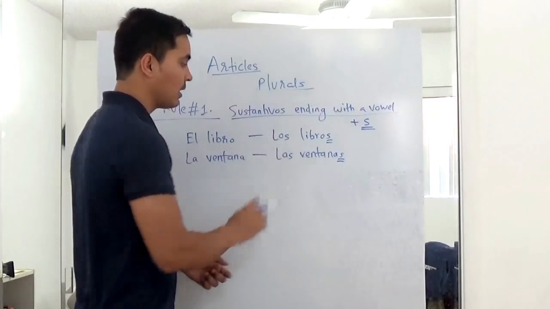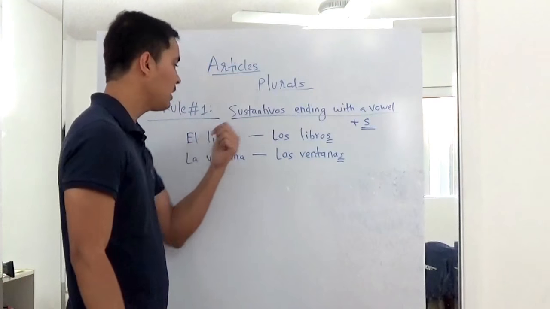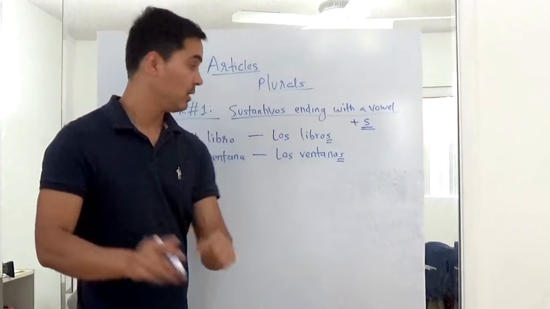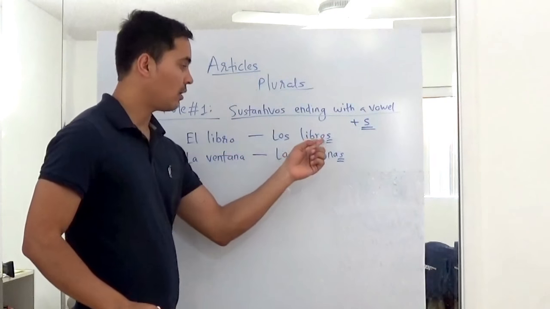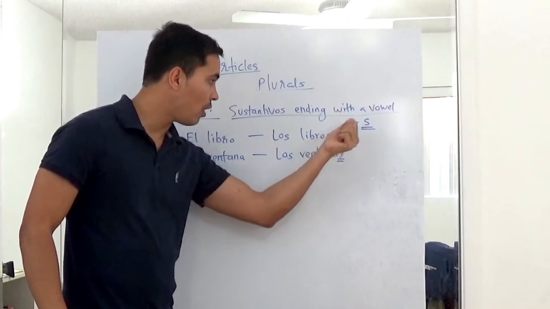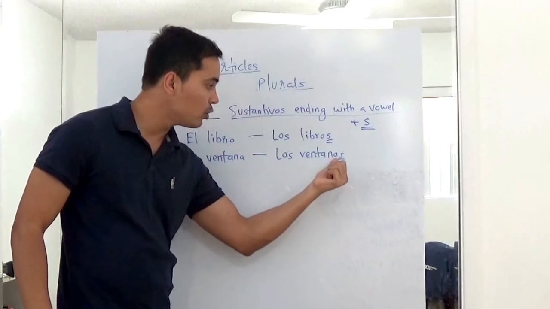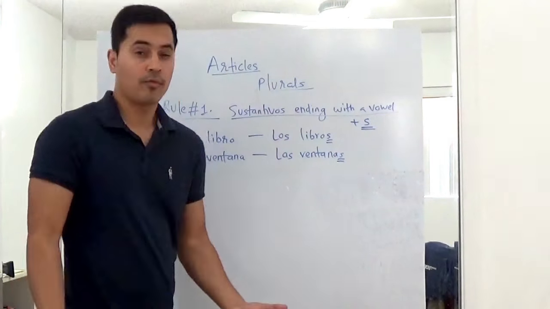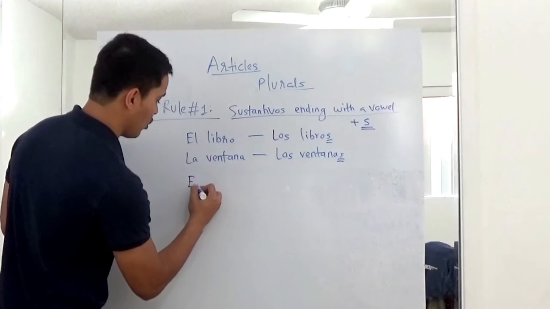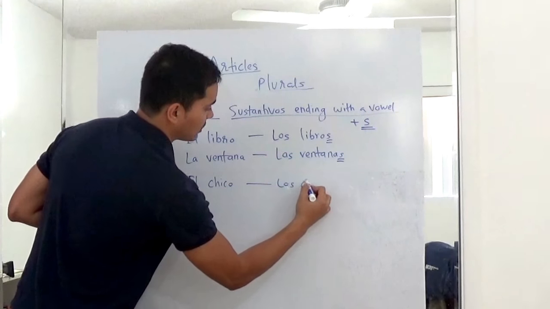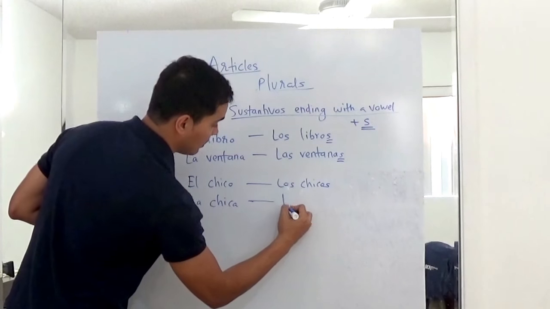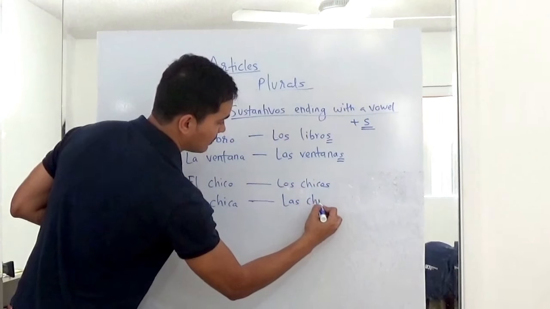And obviously the article changes from el to los, la to las. So this is rule number 1. When the words end in a vowel, A, E, I, O, U, you add S at the end to make the plural form. A few more examples like el chico, los chicos. La chica, which means the girl, las chicas.